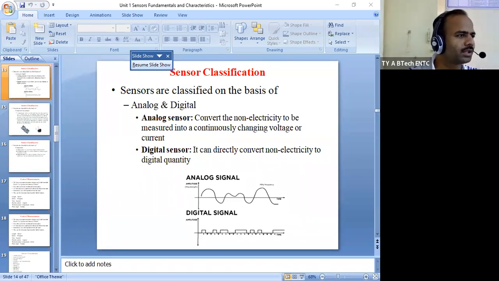These are the two basic types, where we differentiate the sensors on the basis of whether they are directly in touch, or physically in connection, with the quantities which need to be measured or monitored.